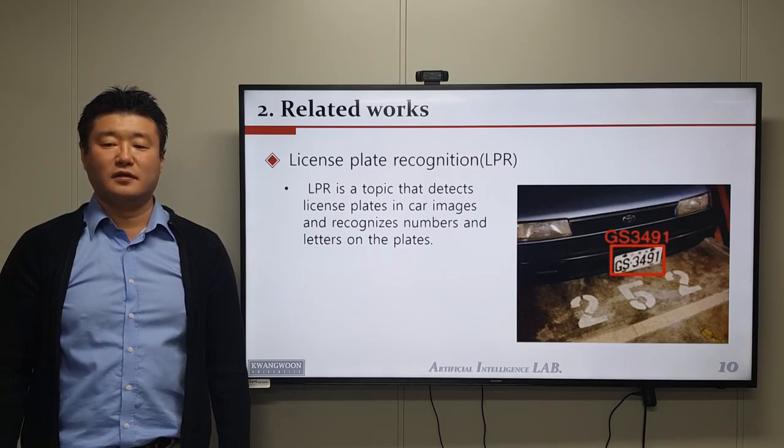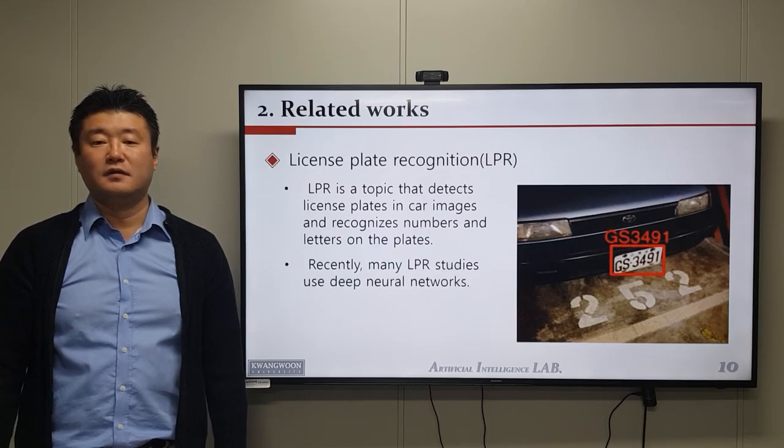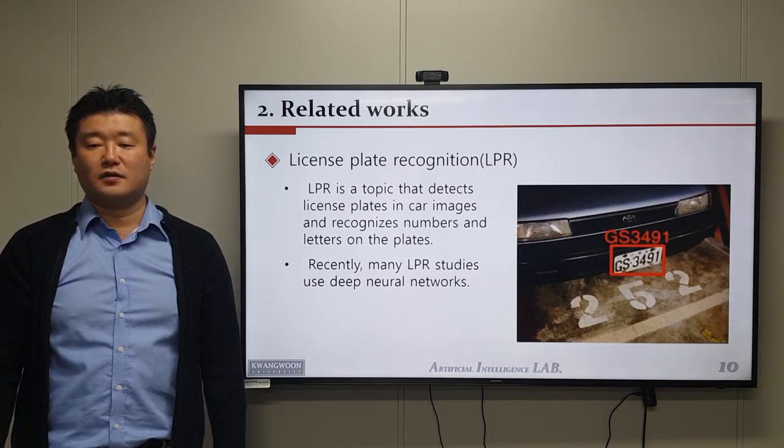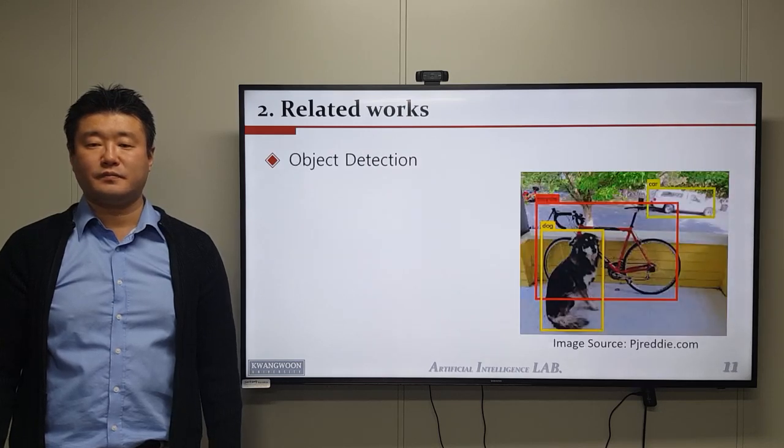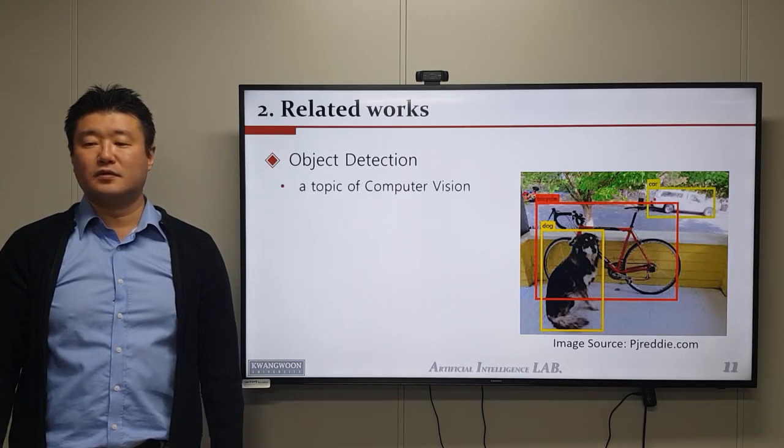License plate recognition is an old research field, but recently many license plate recognition studies use deep neural networks. They are the same approach as ours. Our study applied object detection to a power meter.